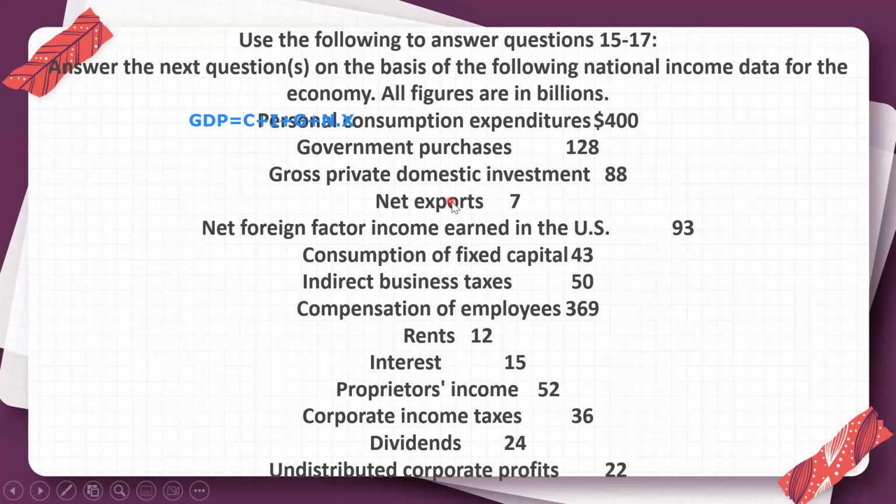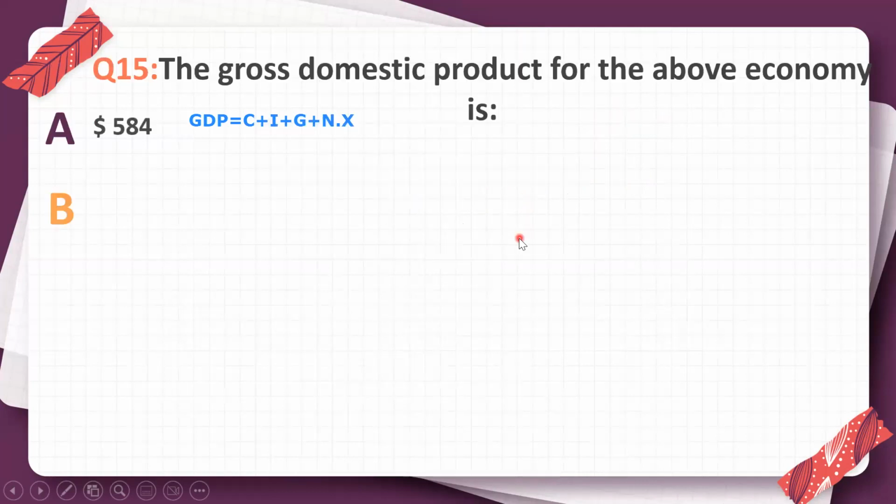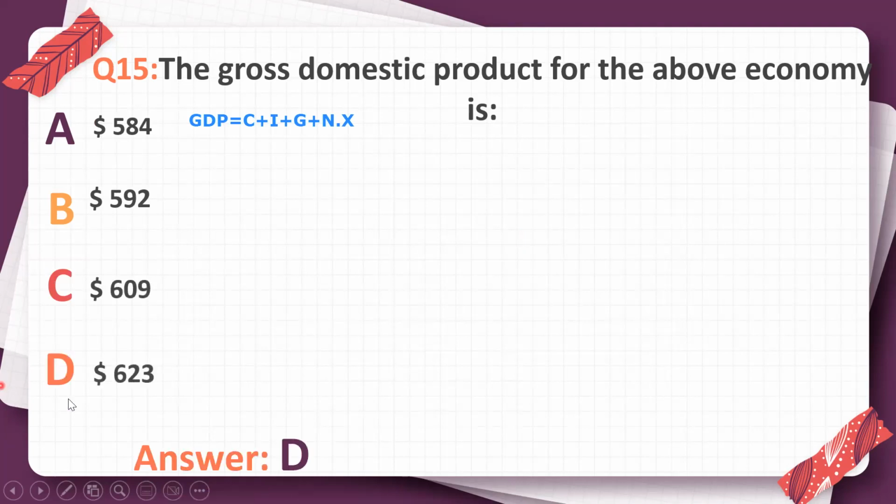Notice that net exports is positive, not negative. That means we have exports larger than imports, so we have a surplus. When we calculate by this formula, the right answer will be D, 623 billion.